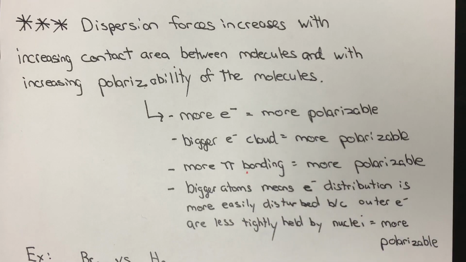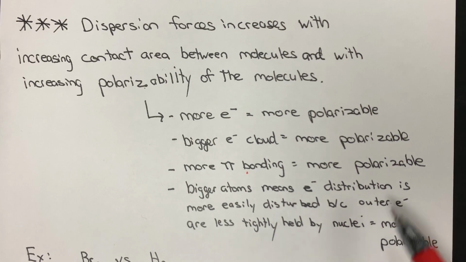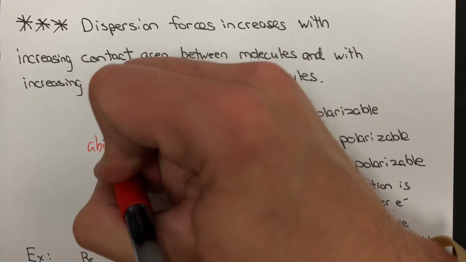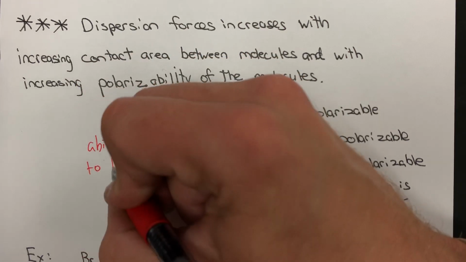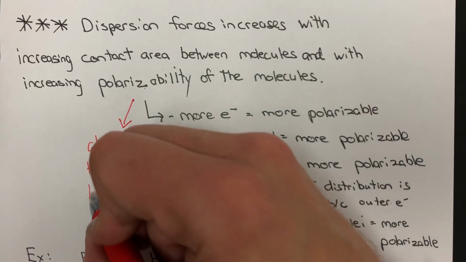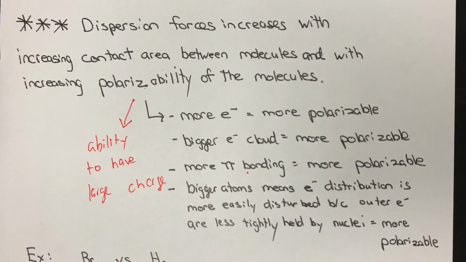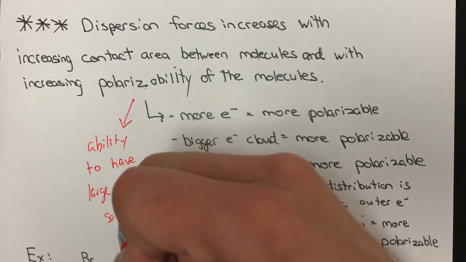Bigger atoms in general. So as we work down the periodic table, because these outer electrons are held less tightly by their nuclei, they have this ability to migrate a little bit. And as they migrate, again, we describe these atoms as more polarizable. So just to recap here, I would define polarizability as the ability to have large charge separation.